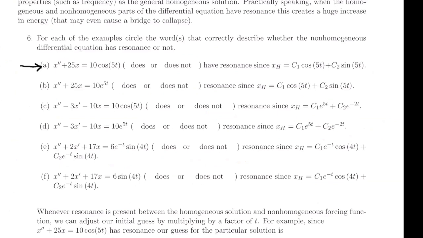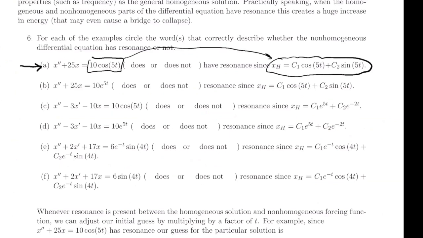For this one, you would find the homogeneous solution and you get this. And then you can see that this has the same sort of form as the homogeneous solution.